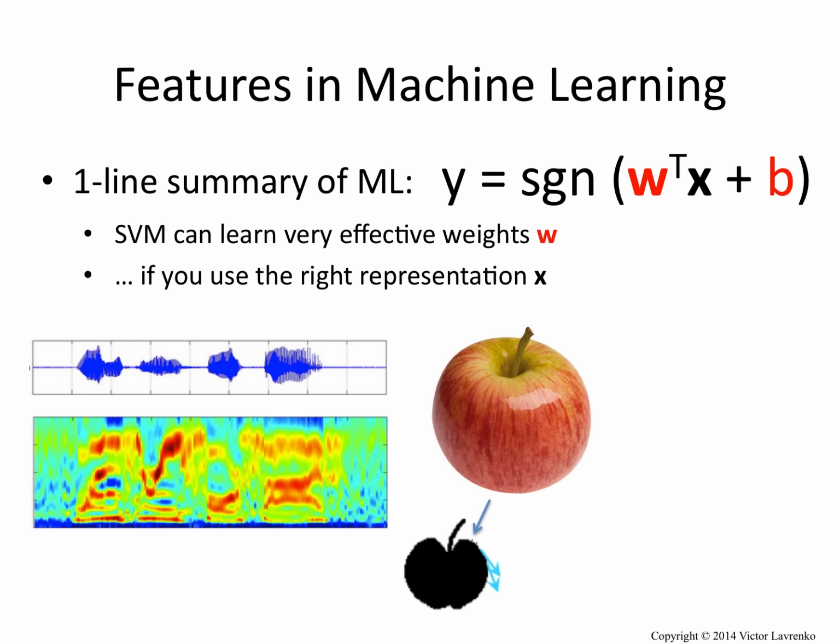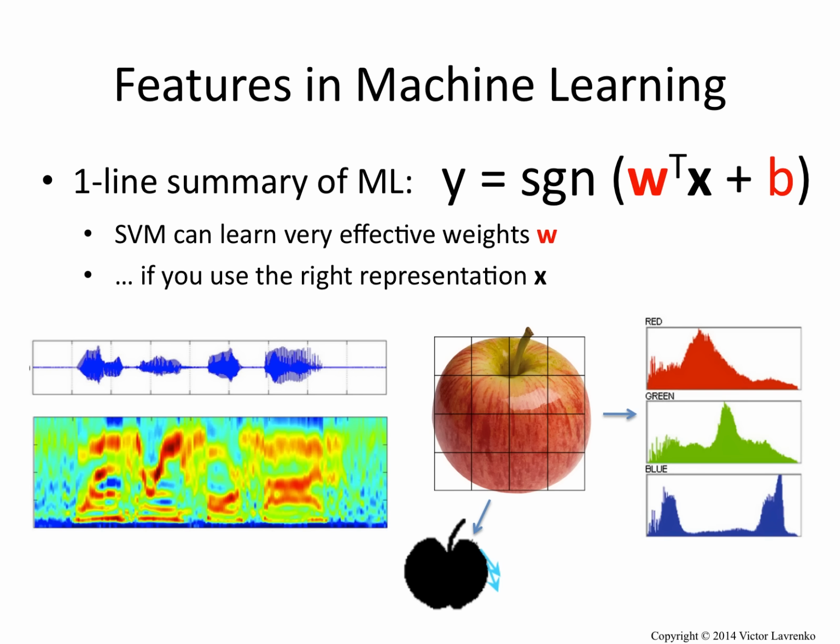So maybe you'll extract a shape and compute some sort of features over the shape, maybe the curvature of the shape or the projection profile of the shape. Then maybe you'll take the image, slice it up into a little grid, and for every element in the grid, compute some summary statistics again. So you could look at the color distributions, right? What is the histogram of the basic colors in each one of those grid points?